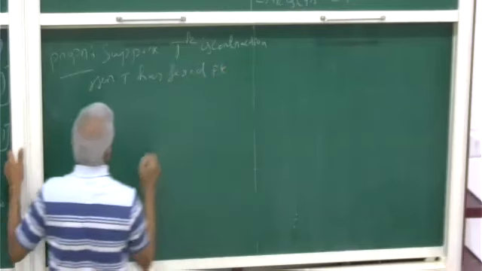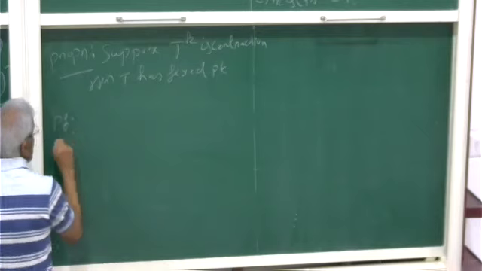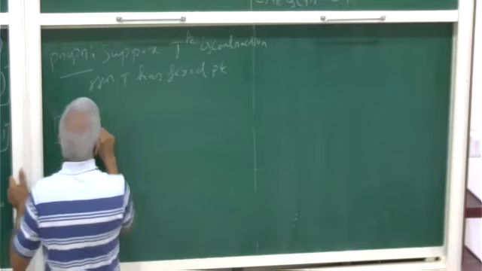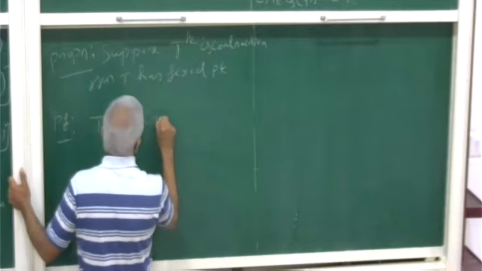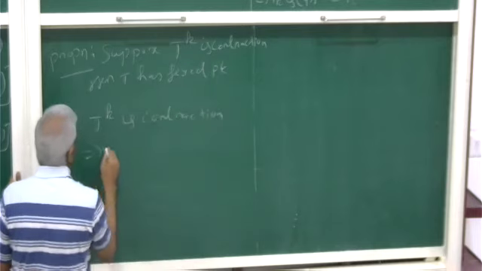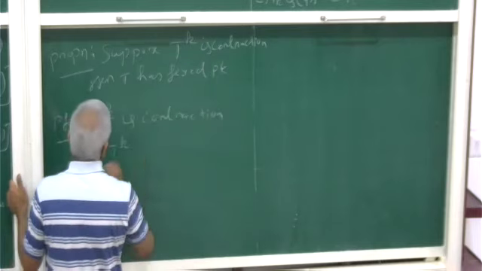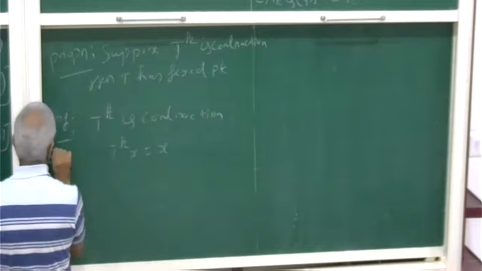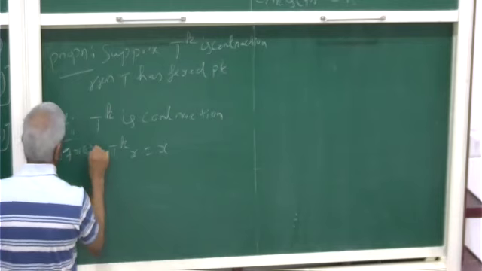Let's assume T to the power K is a contraction. So T to the power K has a fixed point, and from that it will follow. This implies there exists x in X such that T to the power K x equals x.